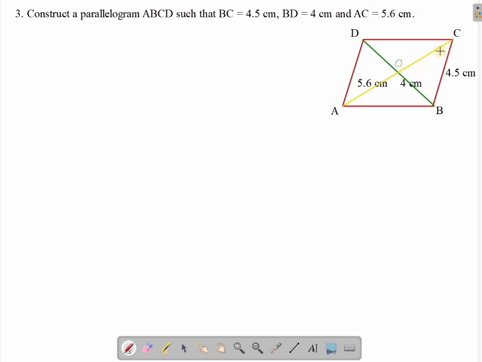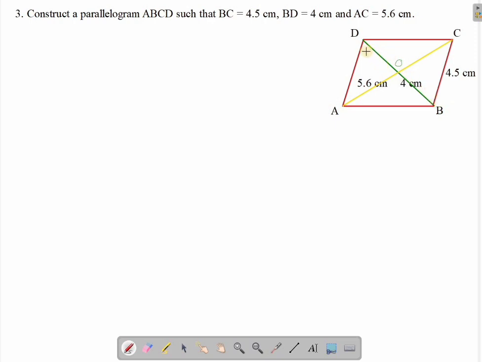So what you will be doing is you will be constructing this triangle and this triangle first. After you construct these two triangles, the rest of our vertices will be joined and then you will get a parallelogram. For drawing this triangle, you have to start with either AC or BD.